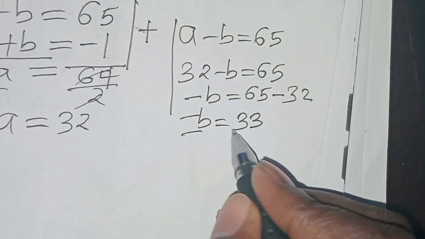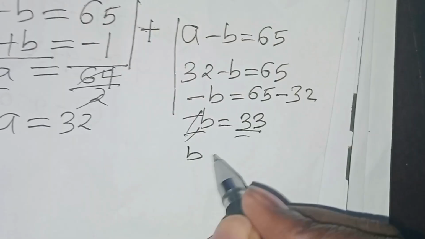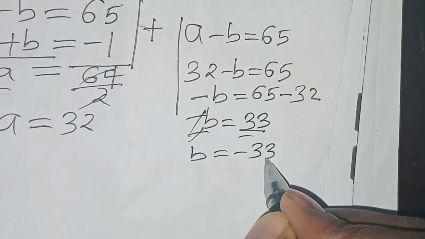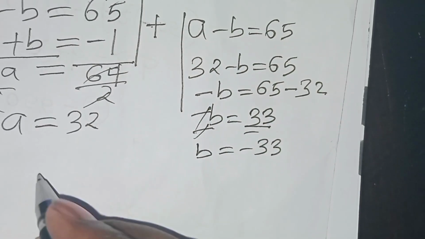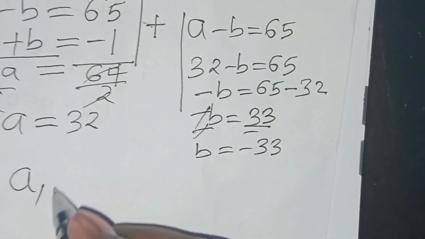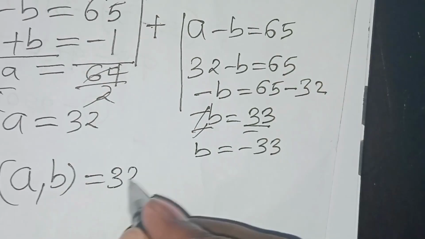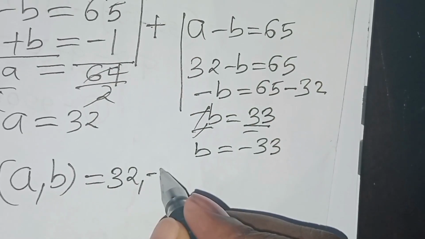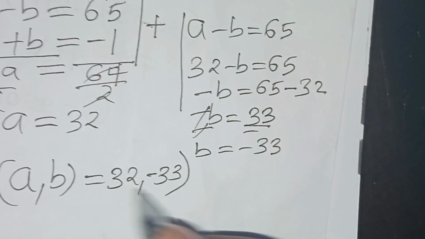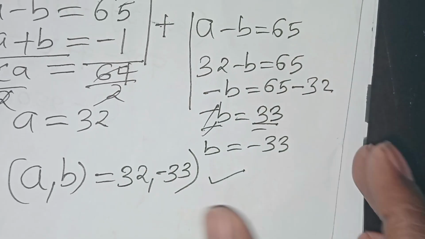Let's divide both sides by negative, so that B is equal to minus 33. So we have the first set of solution, A, B, equal to 32, comma, negative 33. So this is the first set of solution.